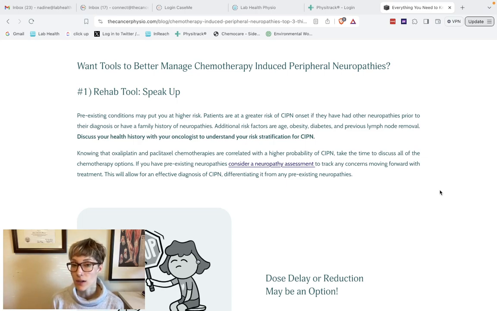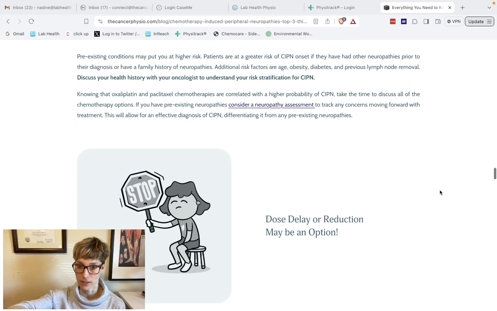Another thing to consider is that if you do have any kind of baseline neuropathy, maybe consider a neuropathy assessment with your cancer physio prior to undergoing treatment so that changes can be tracked, especially if your baseline is already different than a fully functional baseline. So that's just something to consider.